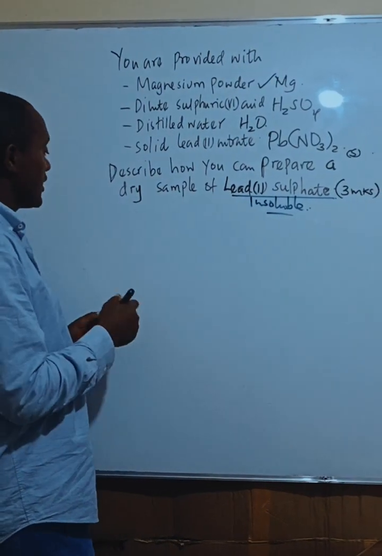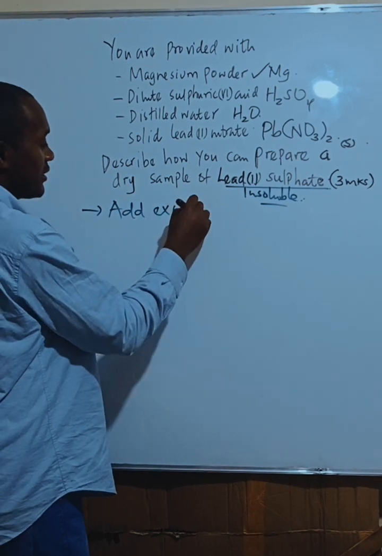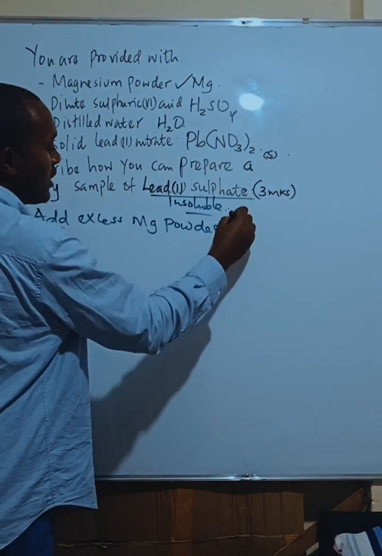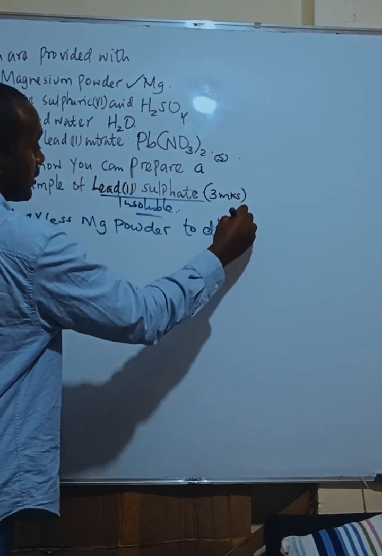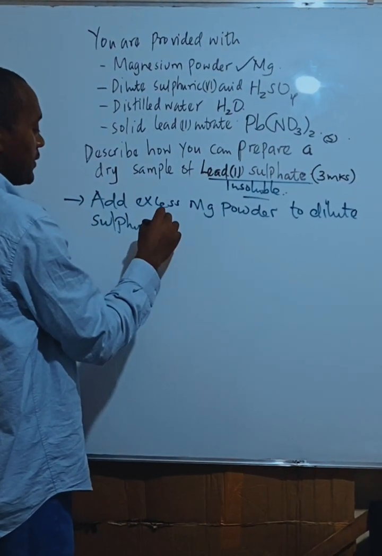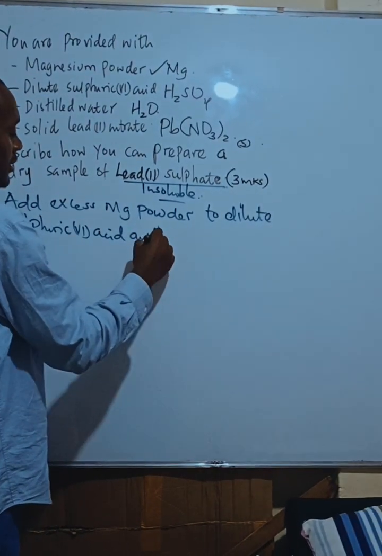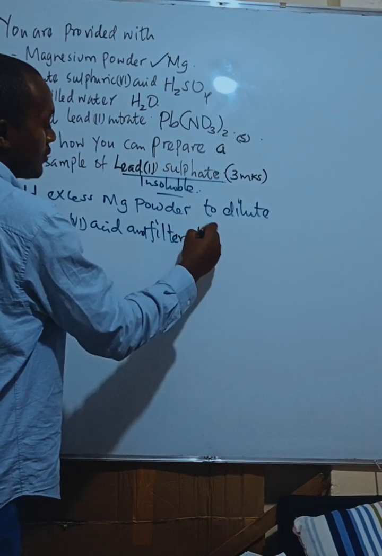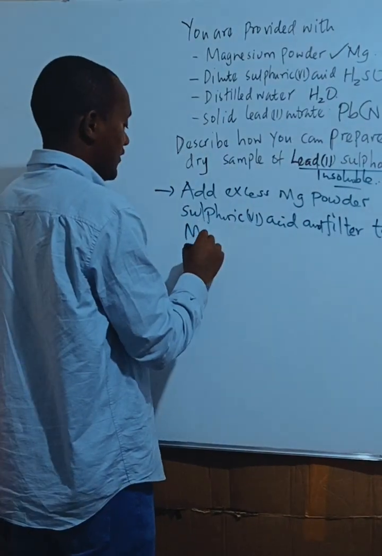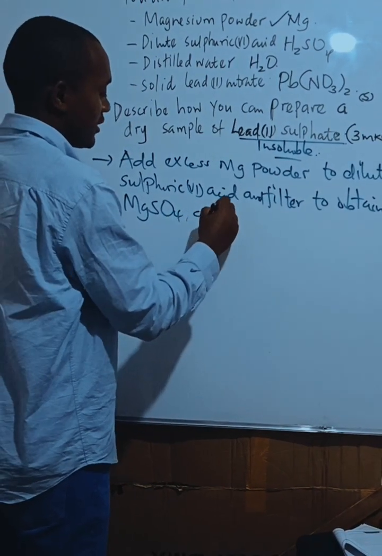So in this, you add excess magnesium powder to dilute sulfuric acid, and filter to obtain magnesium sulfate as the filtrate.